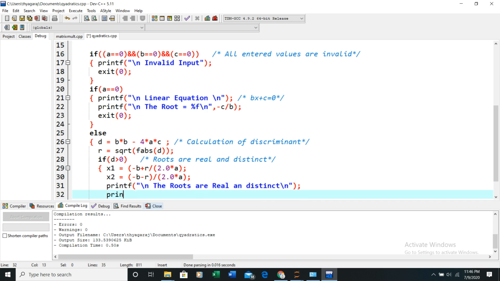Then what are those roots? We will just print those. The roots are slash n.